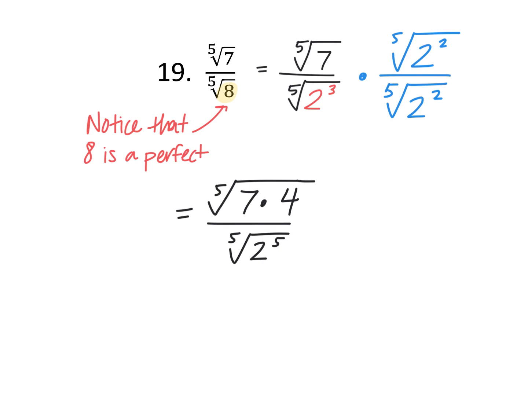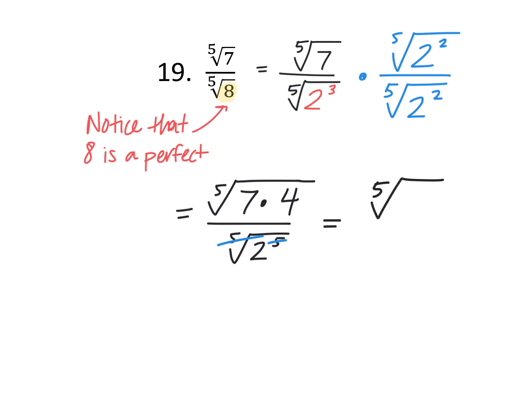You could do this with your chart and think, okay, 2 to the fifth power is, I think 32, right? 2 times 2, yeah. 32. And the fifth root of 32 is 2. You can think of it like that, or you can think of it like these are going to cancel each other out. It's going to leave me with 2.